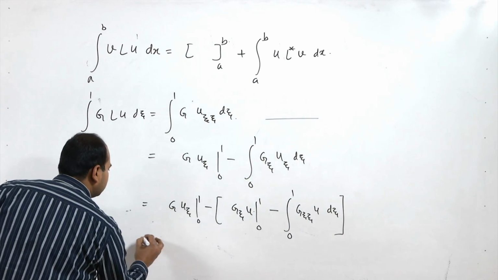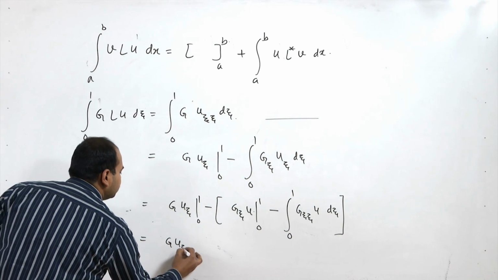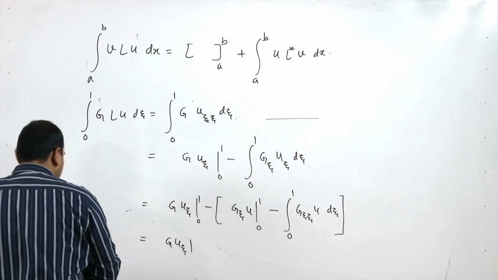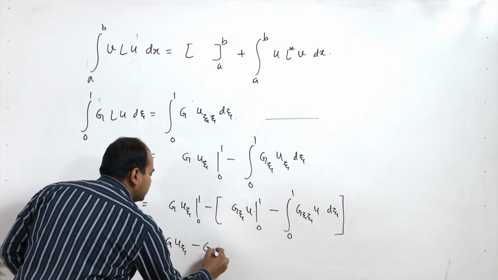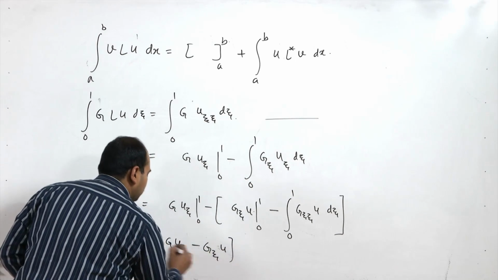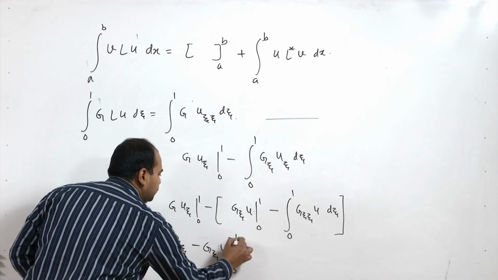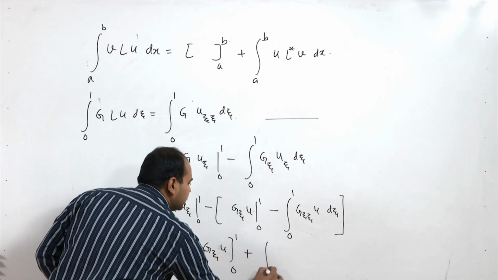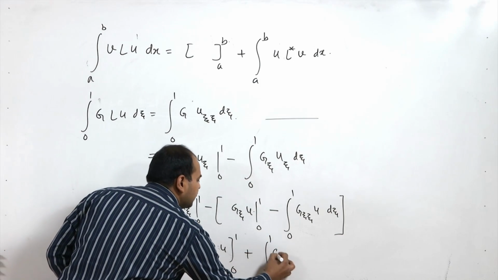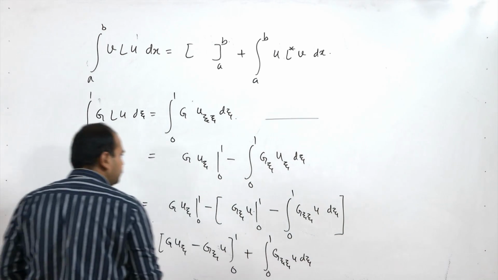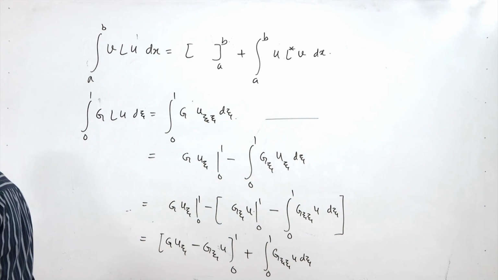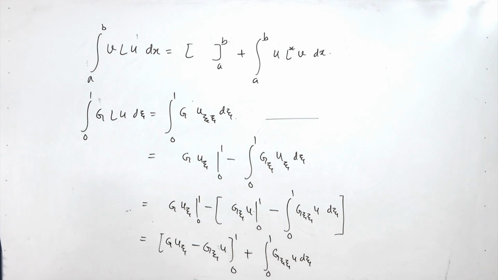If you simplify this, you will get g u' minus g' u evaluated between 0 to 1 plus the integral from 0 to 1 of g'' u d xi. So it is written like this.